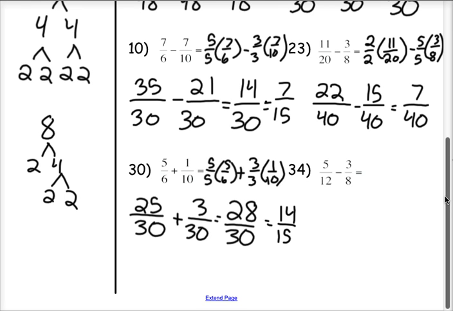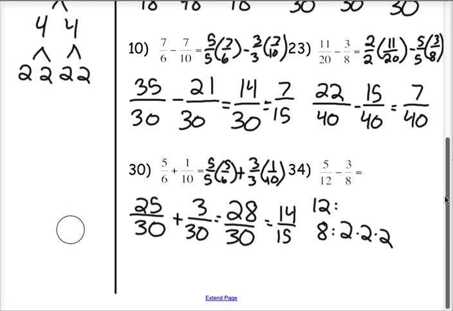All right, last one. We're going to look at 12 and 8. Now the 8 you can still see over here on the side. 8 we said is 2 times 2 times 2. Now if you need a little refresher on 12, 12 breaks down into 4 and 3, and 4 is 2 and 2.